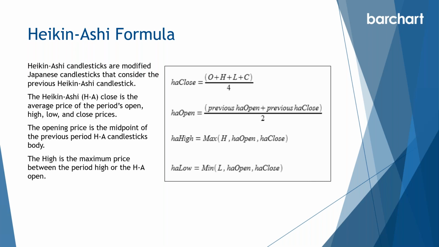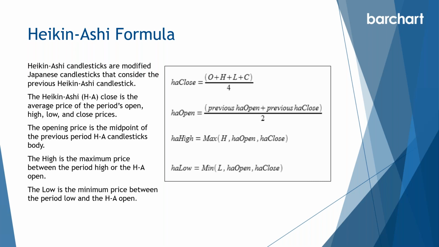The Heikin Ashi high is the maximum price between either the period high or the Heikin Ashi opening, whichever one is greater. And the Heikin Ashi low is the minimum price between the period low or the Heikin Ashi opening.